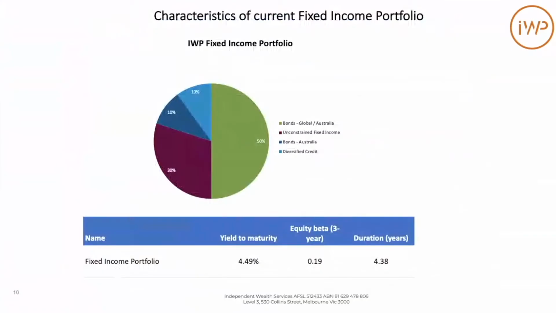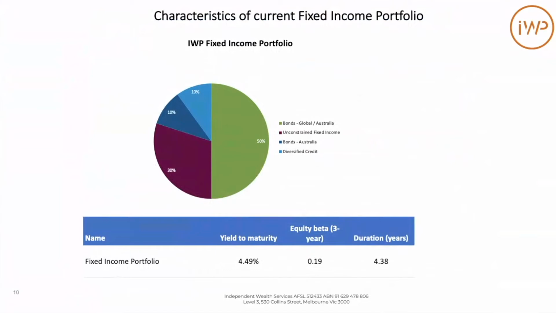Yeah, and what it also says is that forward expected returns are significantly higher. Nice segue, Chris. This chart is a characteristic of our current fixed income part of the portfolio, which doesn't make up all of our clients' defensive aspects.